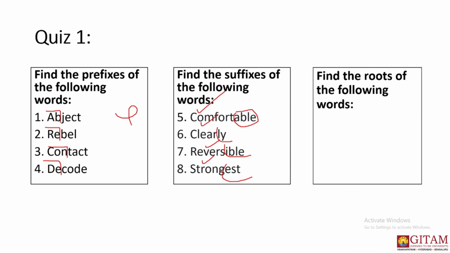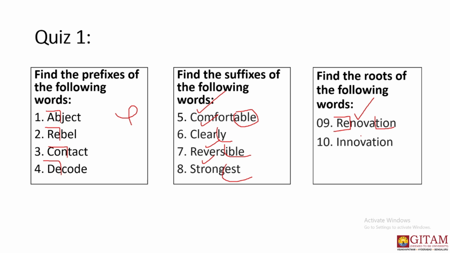Now, can you identify the roots of these two words? We know that the prefix is re. We know that the suffix is shun. And whatever you see here in the middle is your root, nova, which brings the base meaning, the core meaning to this word.